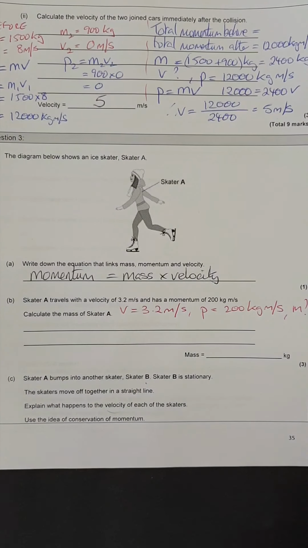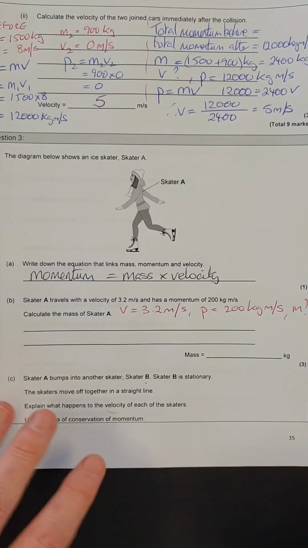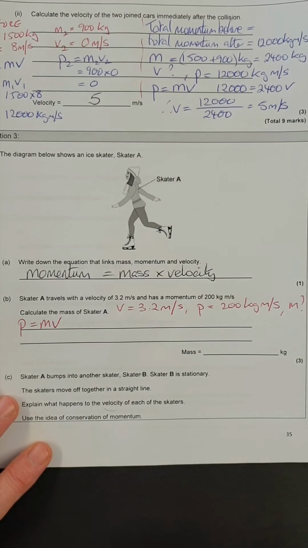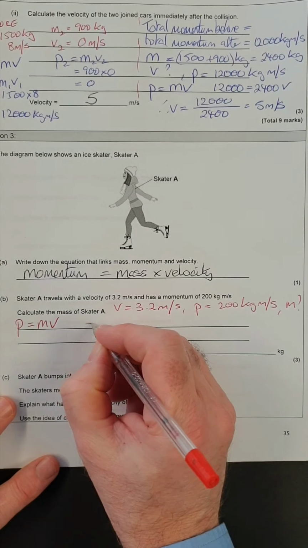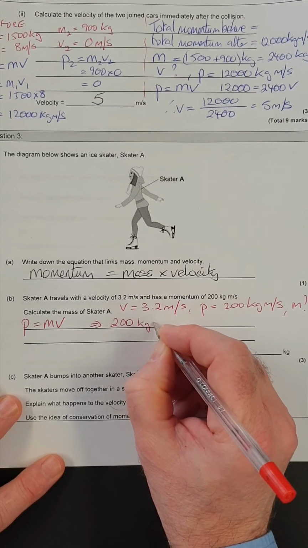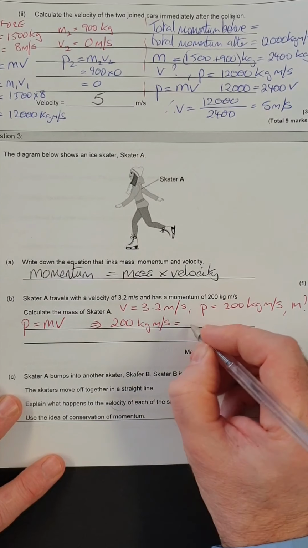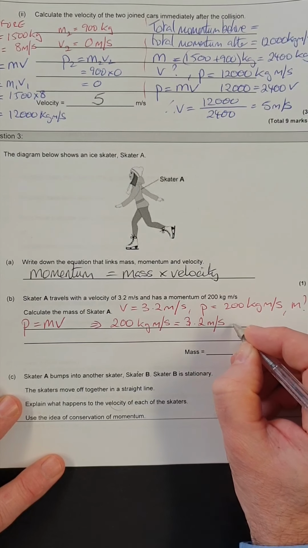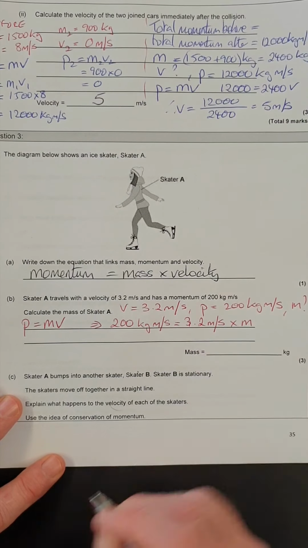Okay, so now next step is we write out our equation. The equation is momentum is equal to mass times velocity. Now I can put my numbers into the equation, which is that 200 is equal to 3.2 for the speed multiplied by the mass.